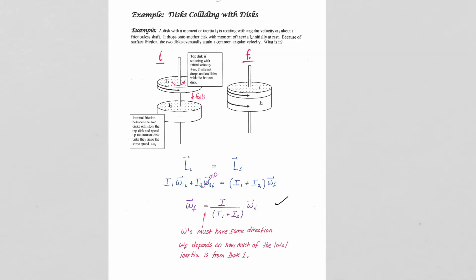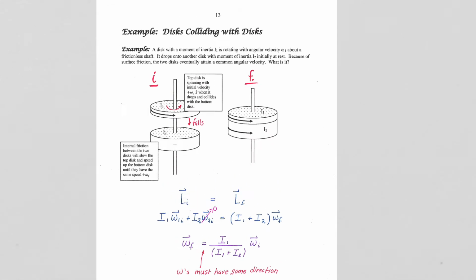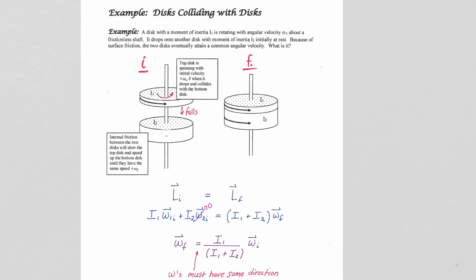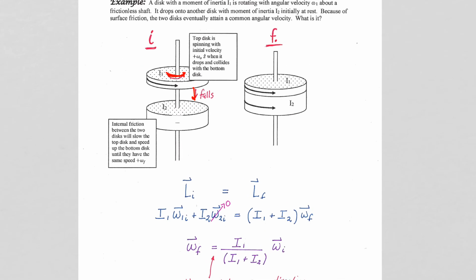Here we have a situation where we have a spinning disk, disk 1, this top disk, and it is going to be allowed to fall and collide with the disk below it. The disk below it is at rest, and we are going to allow internal friction, as it says here, between the two to slow down the top disk.